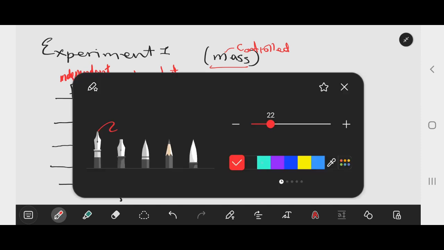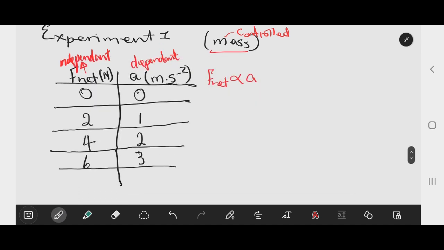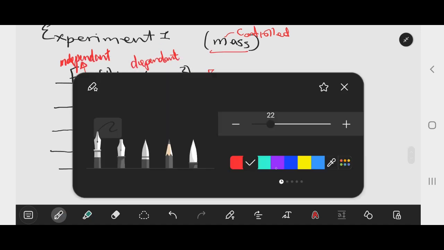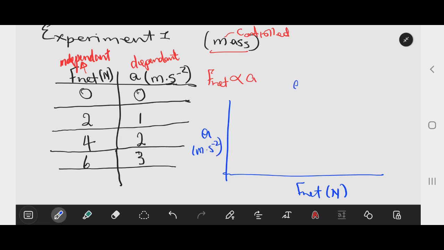Now, we can represent this on a graph. We have a graph of acceleration versus net force. Since the net force is the independent variable, it will be on the x-axis, and acceleration being the dependent variable, it will be on the y-axis. So this is the acceleration versus net force.